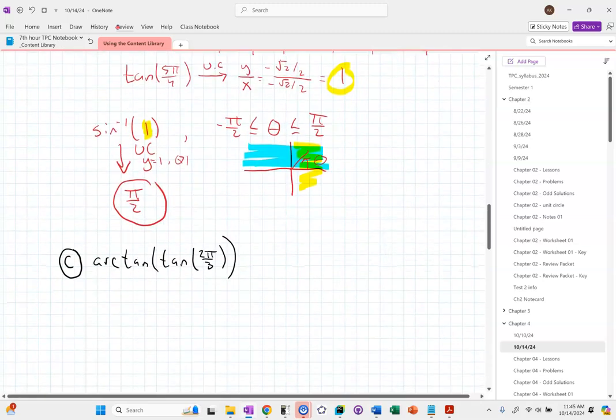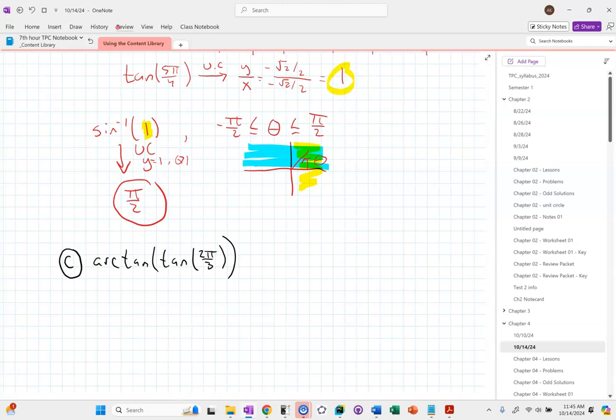Next example. Yes, sir. Sure, but you're going to miss the tricky example here. Okay. Just letting you know. So this is the one where your math teacher is trying to trick you. So if I look at this, it says arctan of tangent of 2 pi over 3.